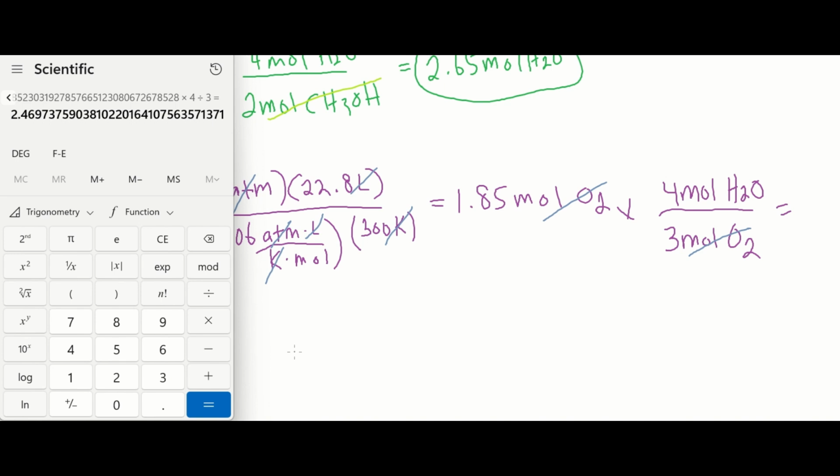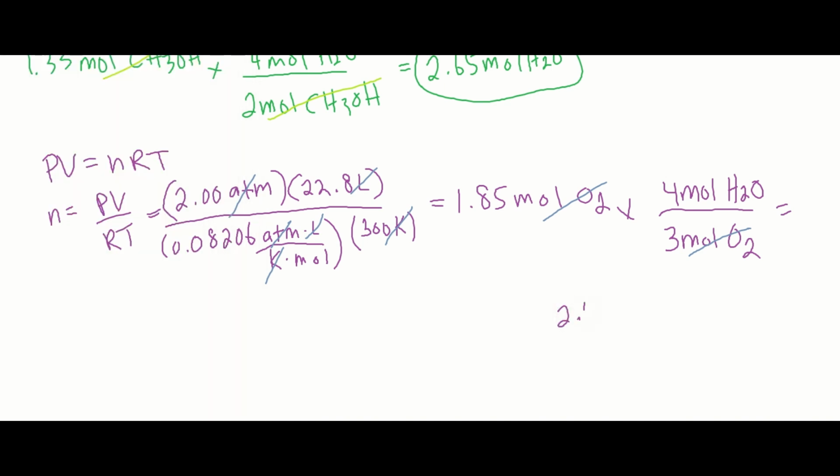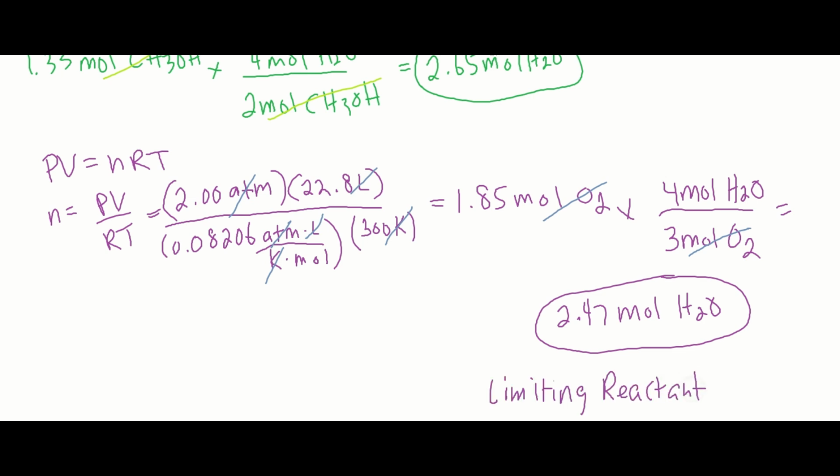So we can make 2.47 moles of water, given this much reactant of oxygen. So O2 is the limiting reactant. And therefore, the theoretical yield is 2.47 moles of water.